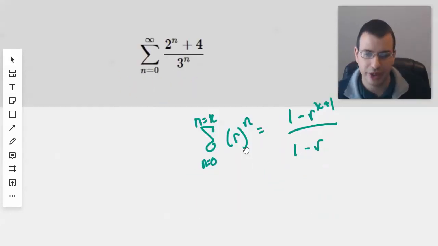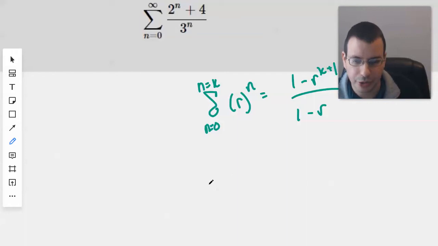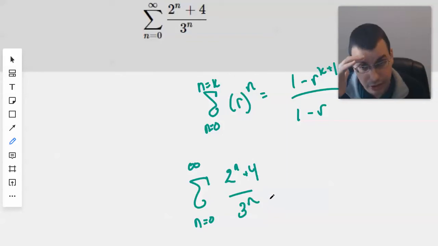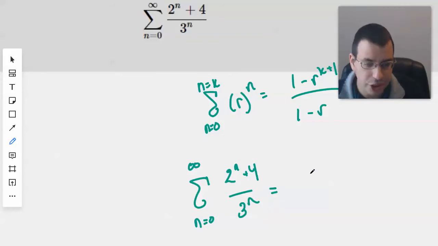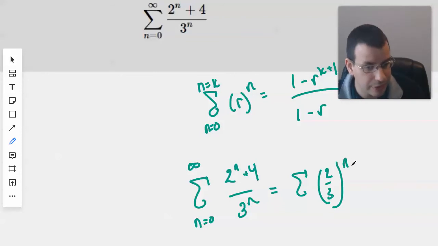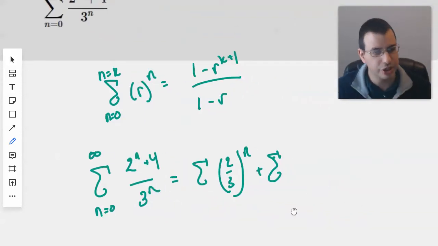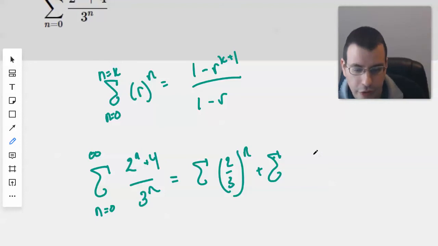So we're going to rewrite this a couple times. We'll do n equals 0 to infinity of (2 to the n plus 4) over 3 to the n, which equals the summation of 2/3 to the n, plus another summation, and we can just separate the numerators: 4 times 1 over 3 to the n.